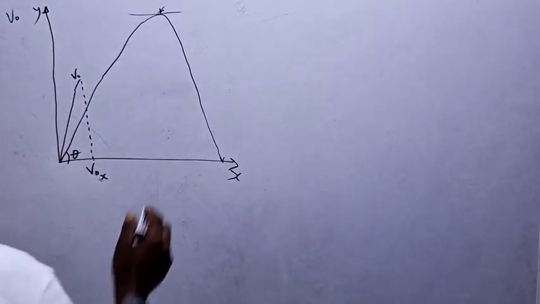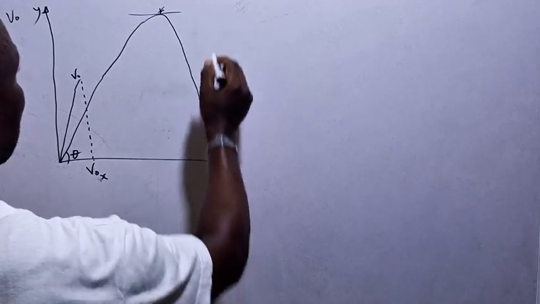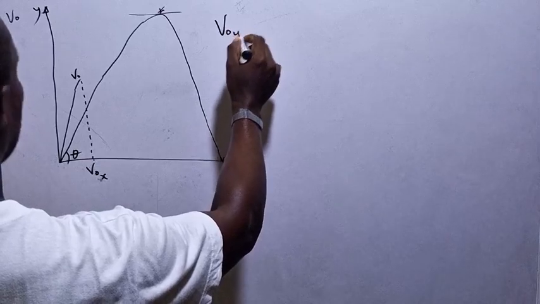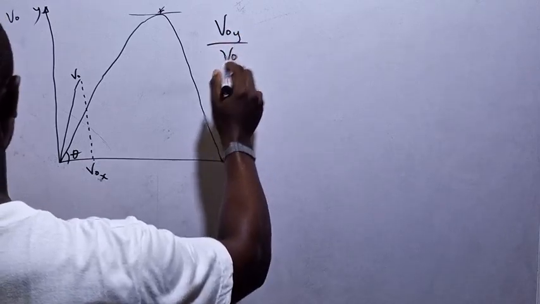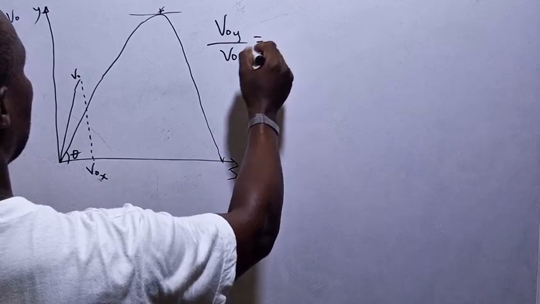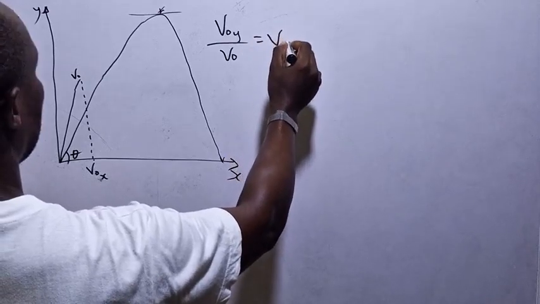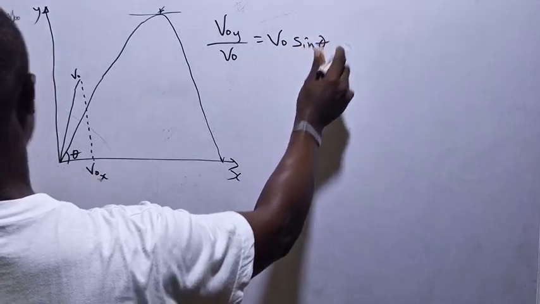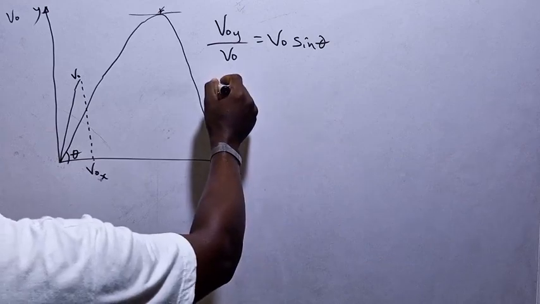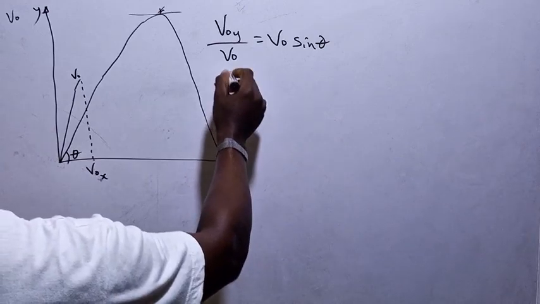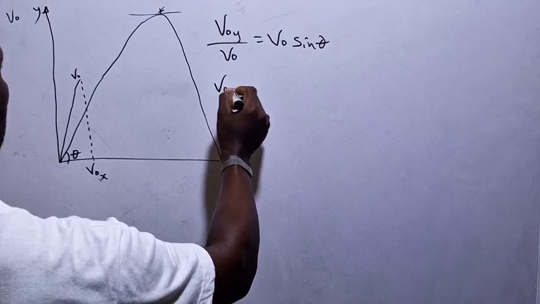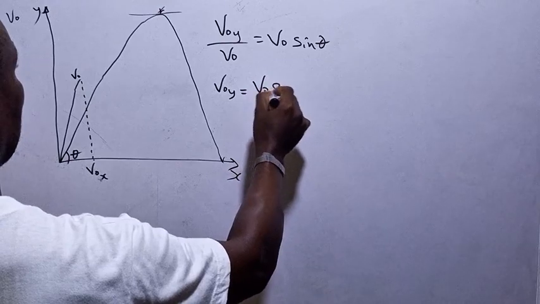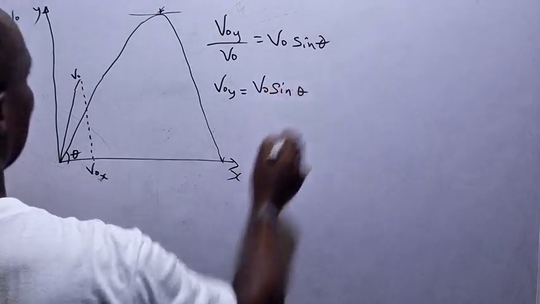Okay. Now, if we are to resolve this, we have v naught y over v naught equals sine theta, so v naught y is equal to v naught sine theta.